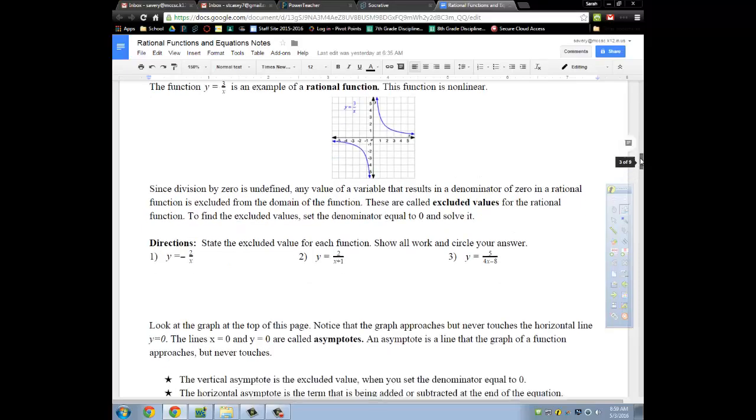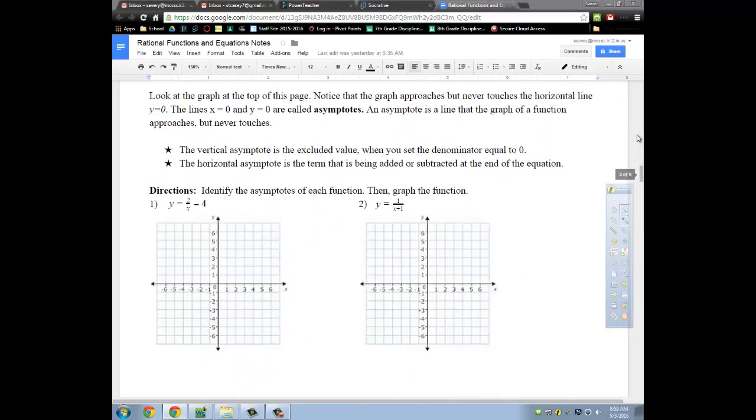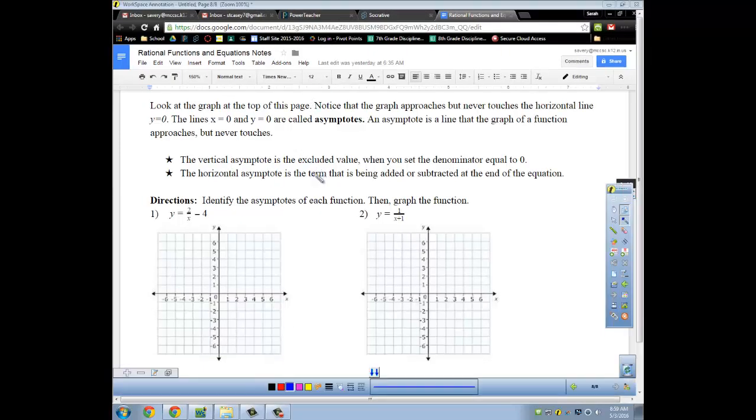Looking at the graph above, you'll notice that the graph approaches but never actually touches the x and y axis. These are called asymptotes. So an asymptote is just a line on the graph that the function can never ever touch or cross. It's just going to get close to it.